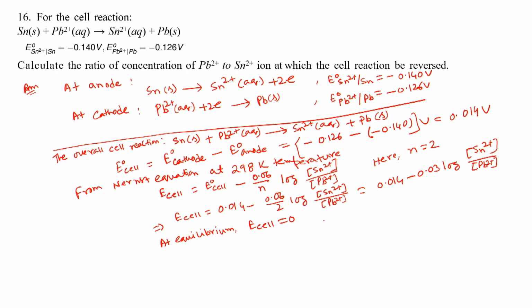So we write at equilibrium 0 is 0.014 minus 0.03 log concentration of Sn2 plus by concentration of Pb2 plus.